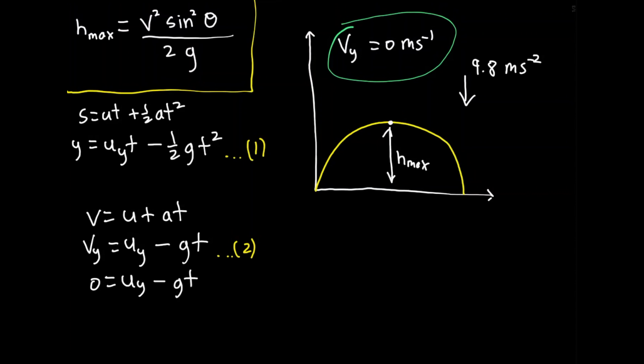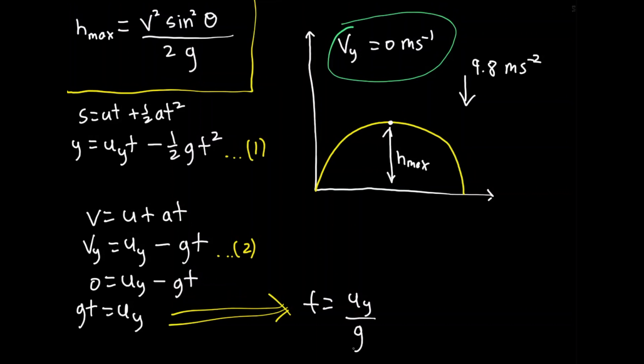Now let's try to make t disappear. So to do this, we make t the subject of the formula in equation 2. So we have gt is equal to the initial velocity in the y direction, and now from this we get that t is equal to the initial velocity in the y direction over g, and we'll call this equation 3.